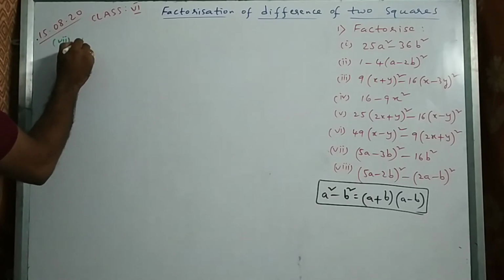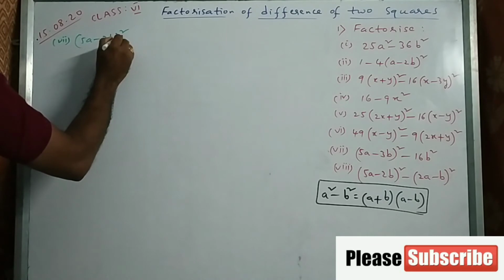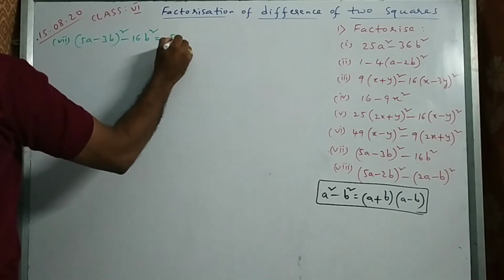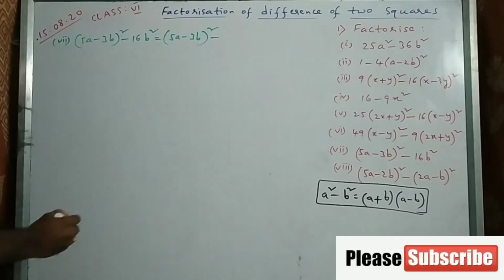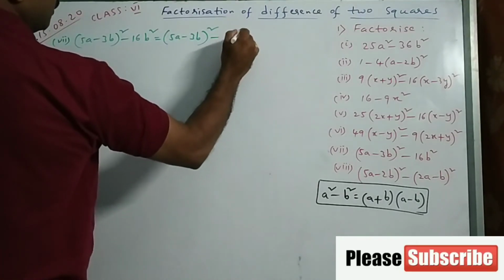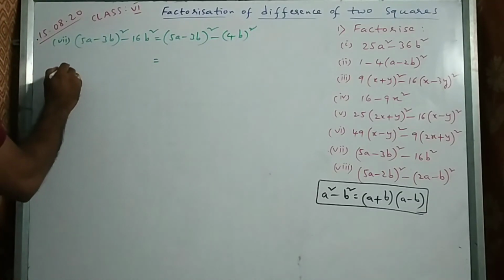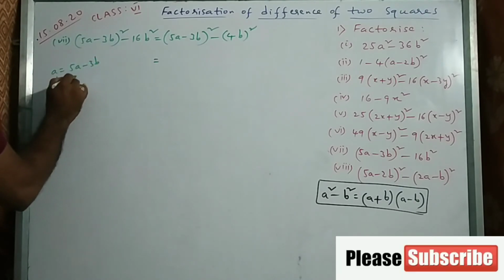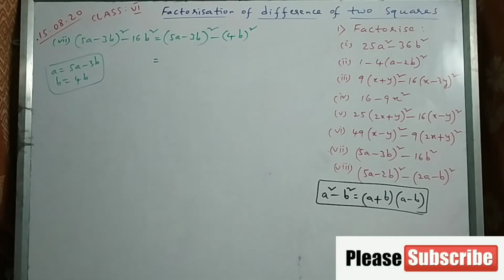What is the seventh one? (5a minus 3b) whole square minus 16b square. This I can write (5a minus 3b) whole square. 16b square, how do we express? (4b) whole square. Looks like a square minus b square, where a equals 5a minus 3b, and b value is 4b. Okay? So a square minus b square.